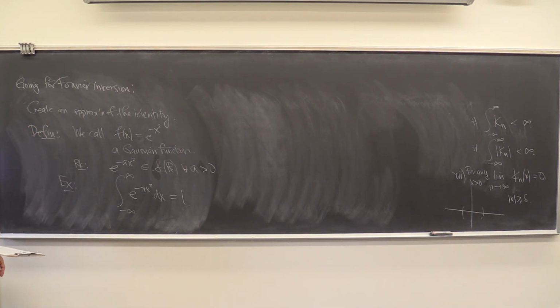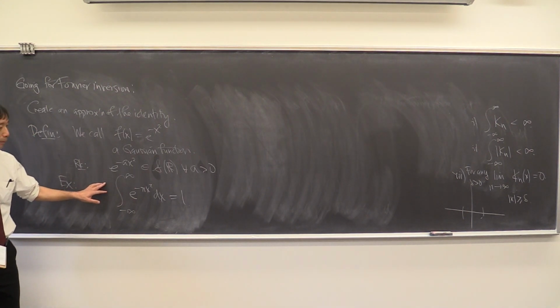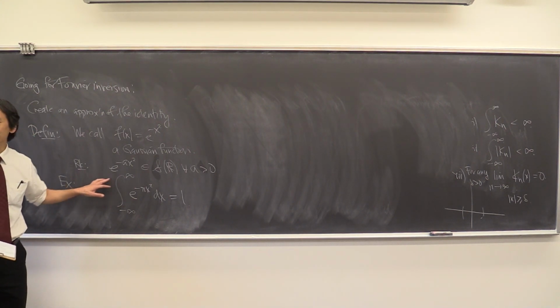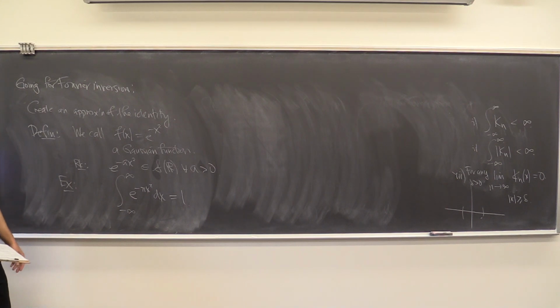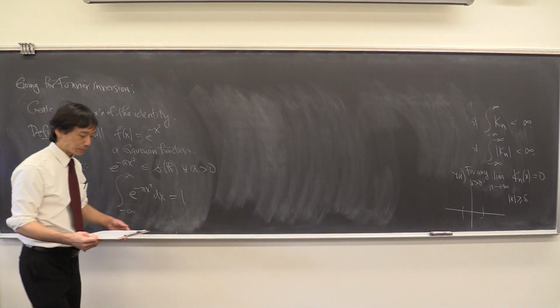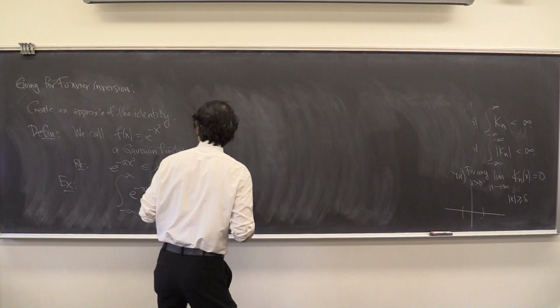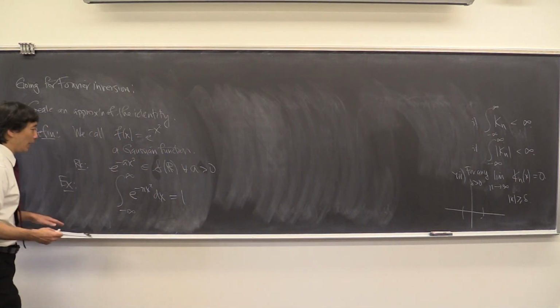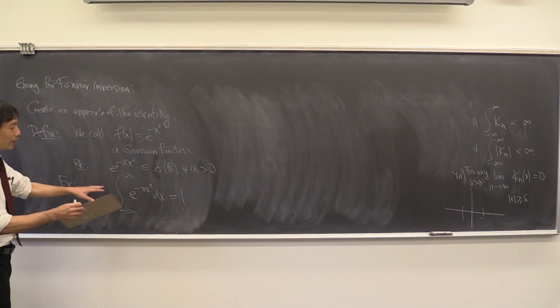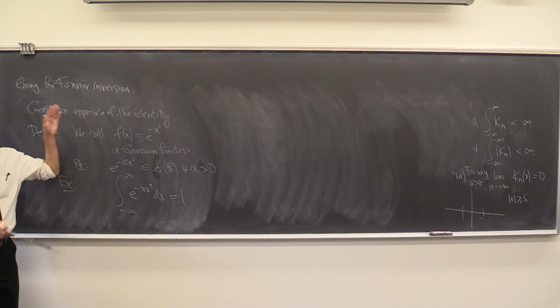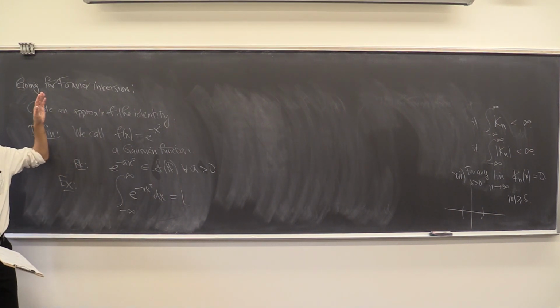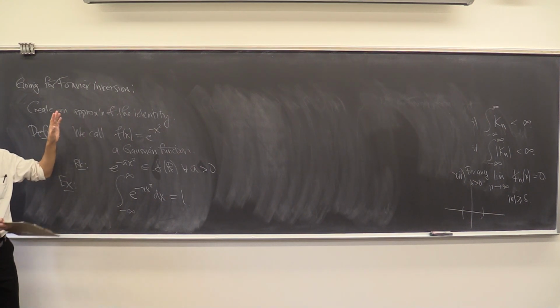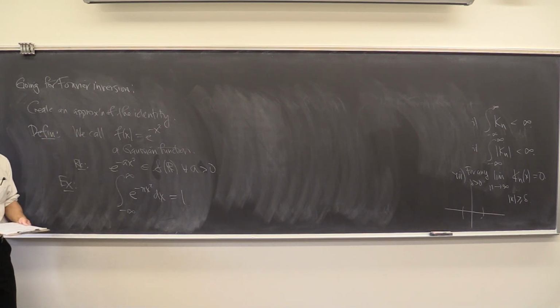Often in Calc 3, when one introduces polar coordinates, one does this as an exercise. You can prove it by multiplying it against itself and then getting an integral on the plane, and then switching to a polar integral, and then it becomes easy.